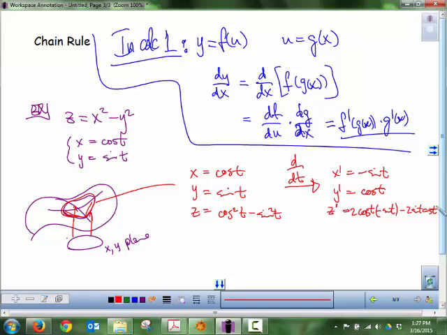Did we do chain rule anywhere? We put a function in a function. Yes, we did. We put this function into this function.